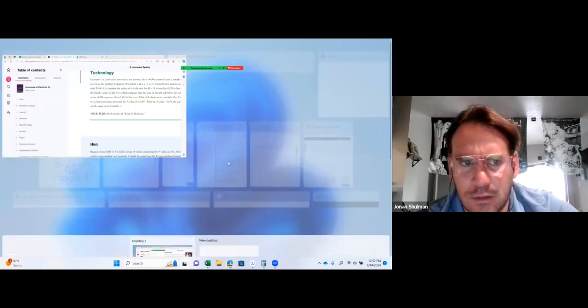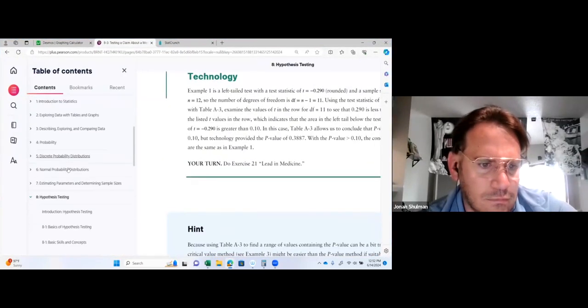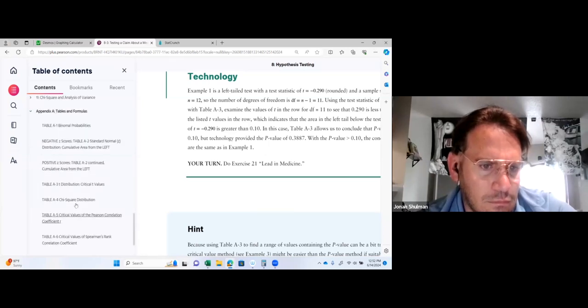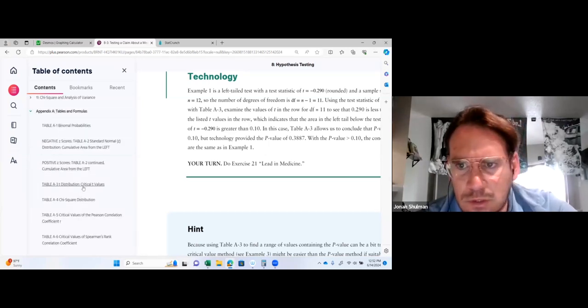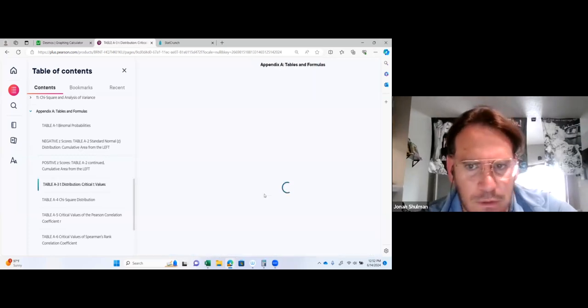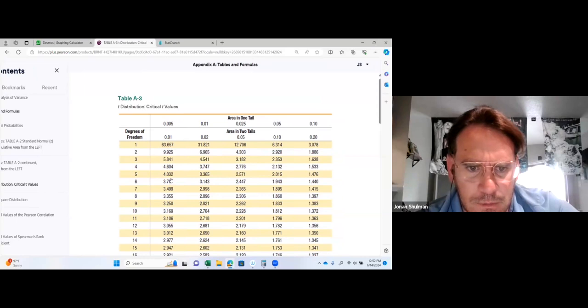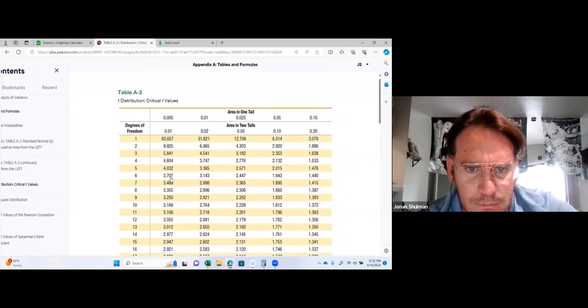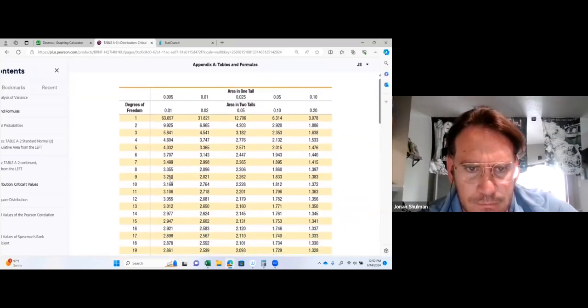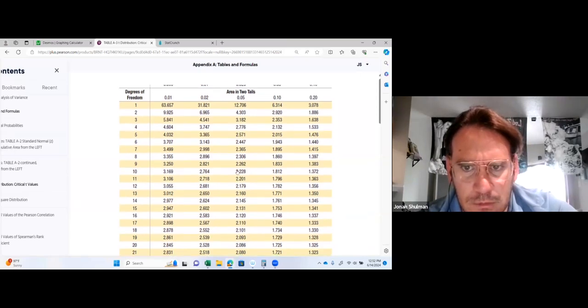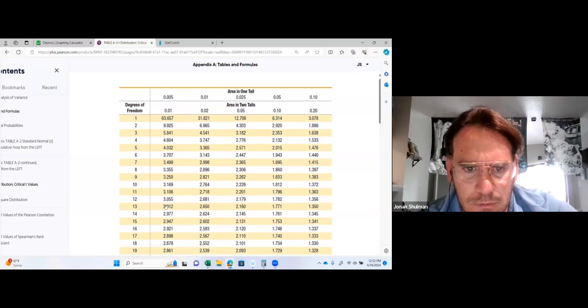Table A3. Here's your t distribution, and they say that t statistic is negative 0.290. All right. We have a degrees of freedom of 11, and it's one-tailed.